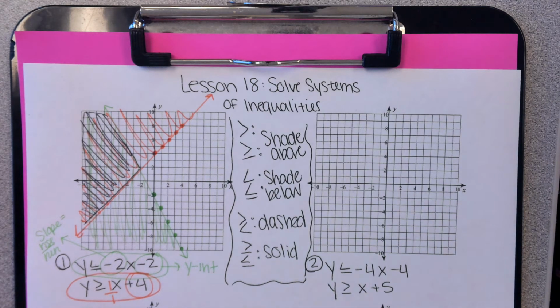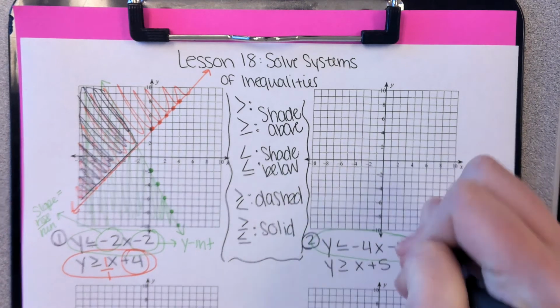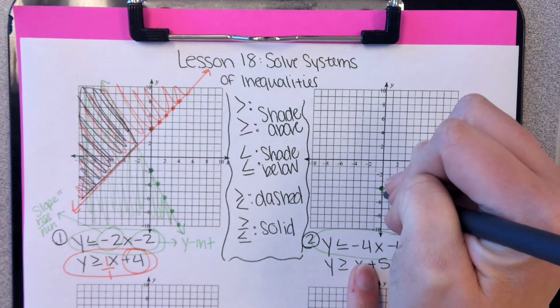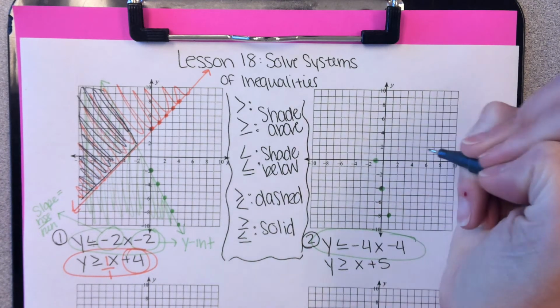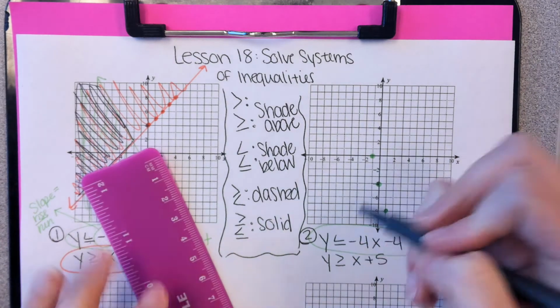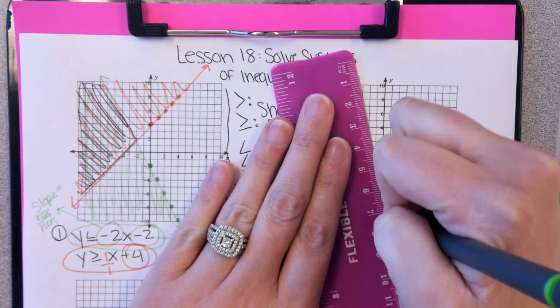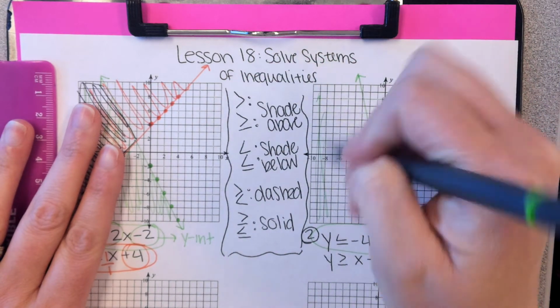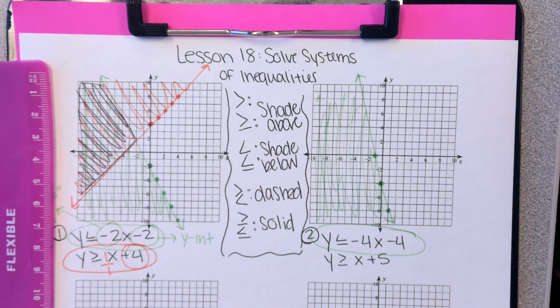All right. Number 2, we're going to do the same thing. So our first equation, we have -4 as our y-intercept. Our slope is -4, so we go down 4 over 1. All right, I'll make my line. It is less than or equal to, so that equal to means it's a solid line. And I shade below. Okay.